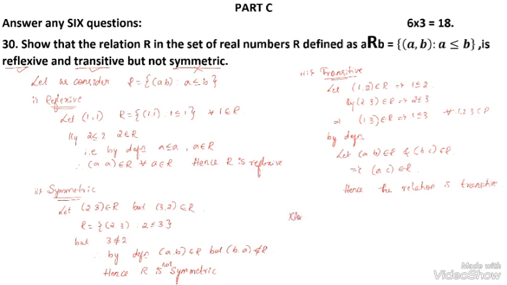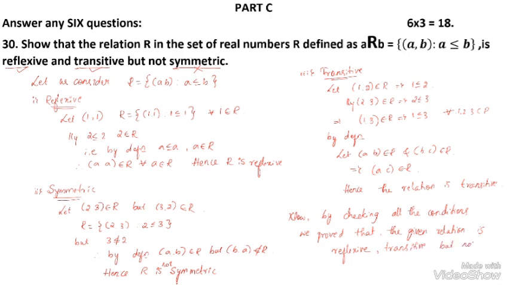Now, by checking all the conditions, we proved that the given relation is reflexive, transitive, but not symmetric.